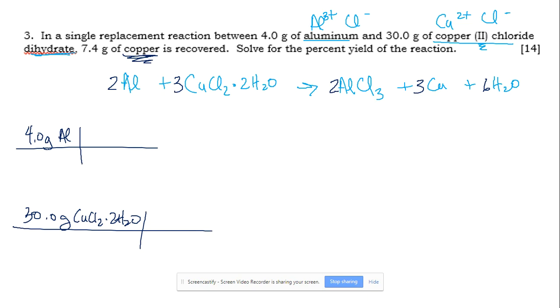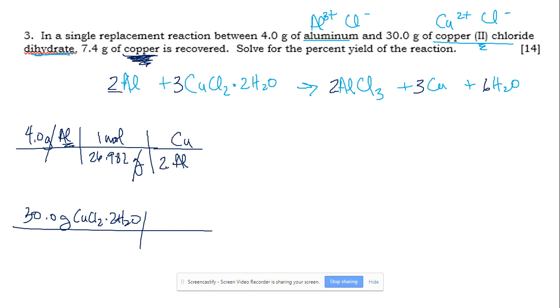So steps 1 through 12 or so, we're going to turn our aluminum into copper. So 4 grams of aluminum. We're going to get rid of aluminum's grams by using the molar mass, 26.982 according to the periodic table. That's how many grams are in 1 mole of aluminum. Grams are gone. Now I want to get rid of aluminum. I'm going to put aluminum on the bottom. I want to turn it into copper.